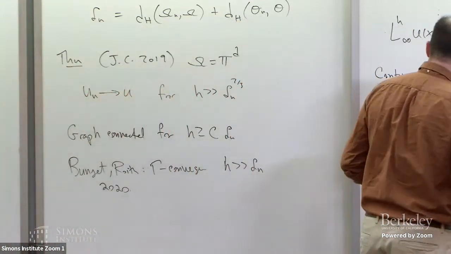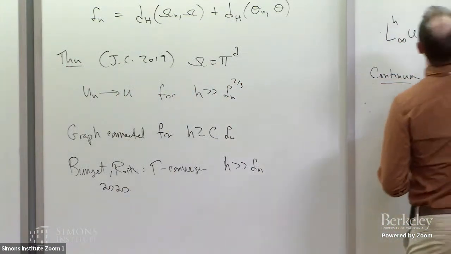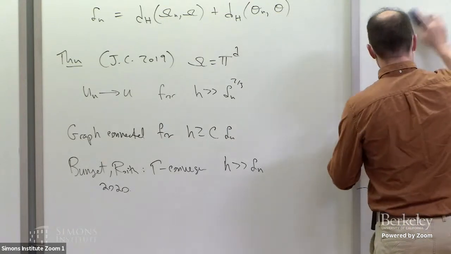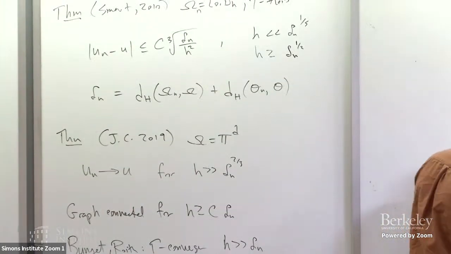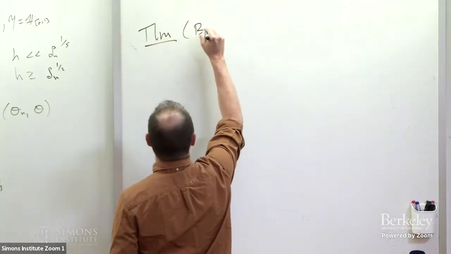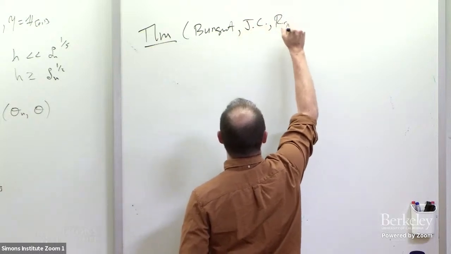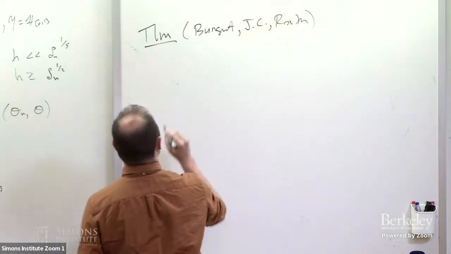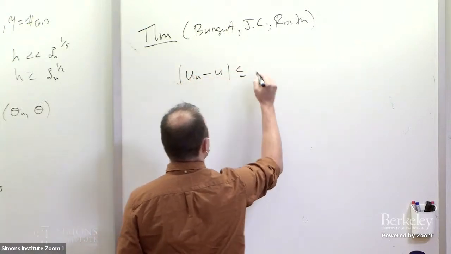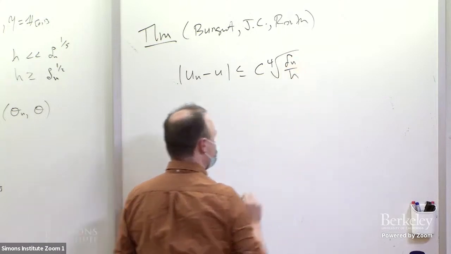So let me write down our result. So this is our theorem. Our rate u_n minus u is now the fourth root, but what you see here is just delta n over h.